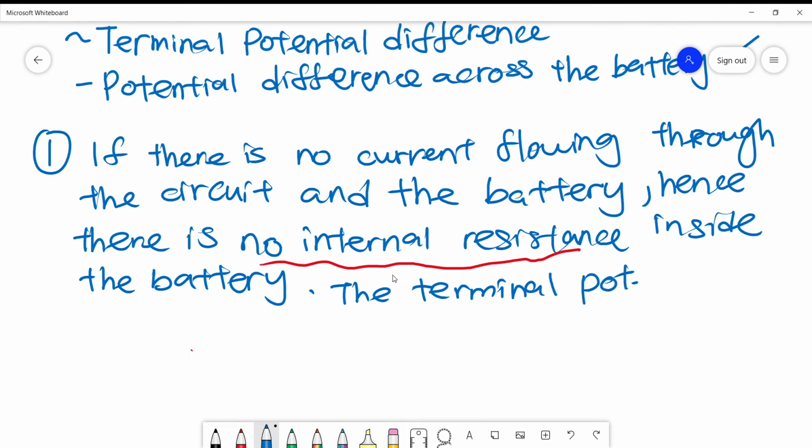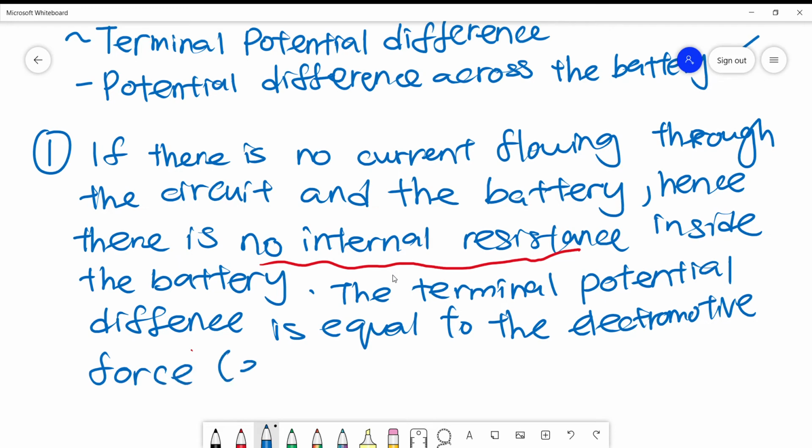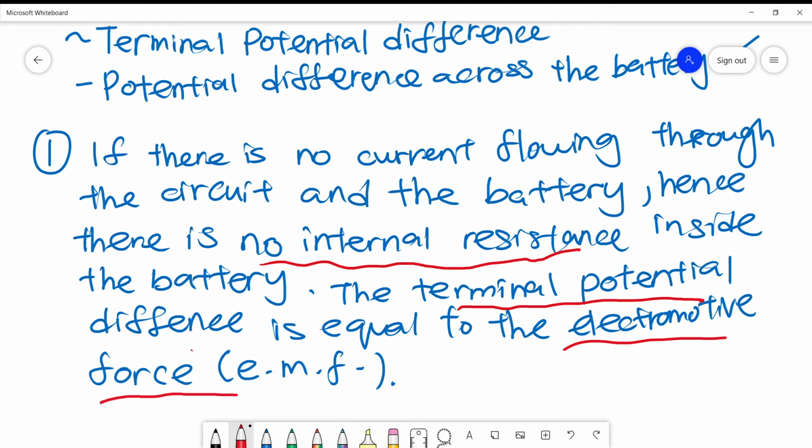The terminal potential difference is equal to the electromotive force, which we write in short as EMF. So this is the second concept when there is no current flowing through the circuit and the battery.